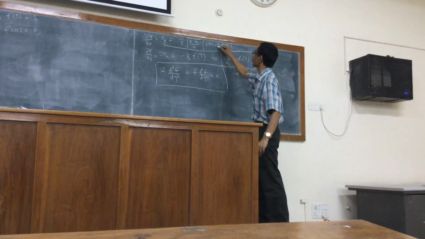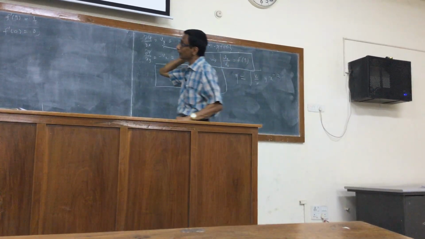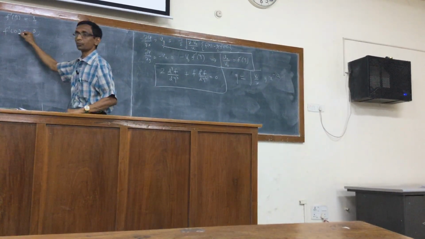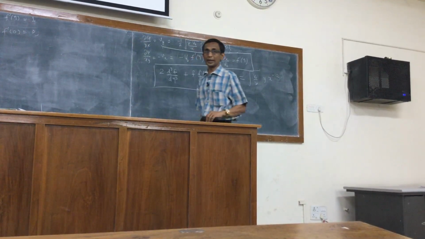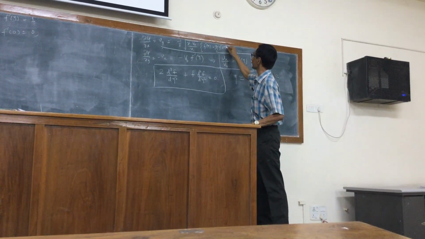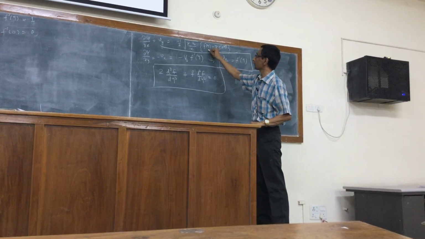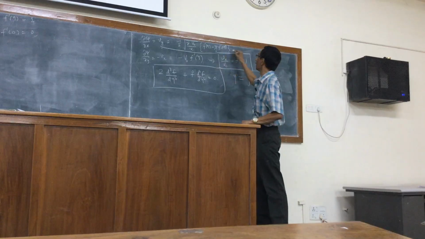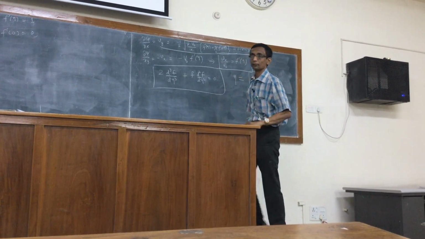As eta goes to 0, this is 0. F prime of eta is finite because I have just shown that f prime of 0 is equal to 0 from the no slip condition applying to Vx. So this is finite, so 0 times 0, that's 0. So if Vy is 0 at eta equal to 0, I get that f of 0 is also equal to 0.